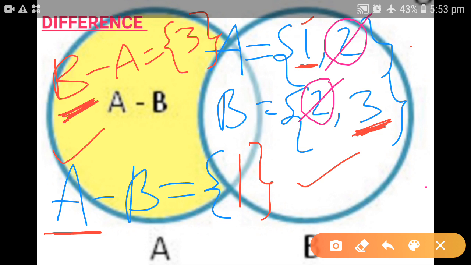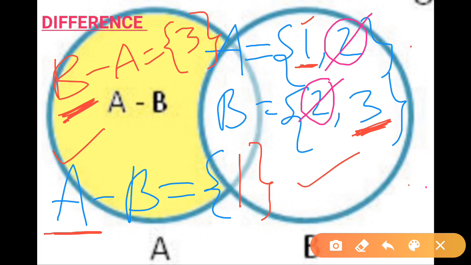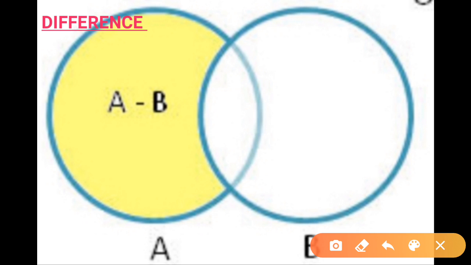So A minus B means: first cut the common elements in both sets, and give priority to the rest of the elements of A.